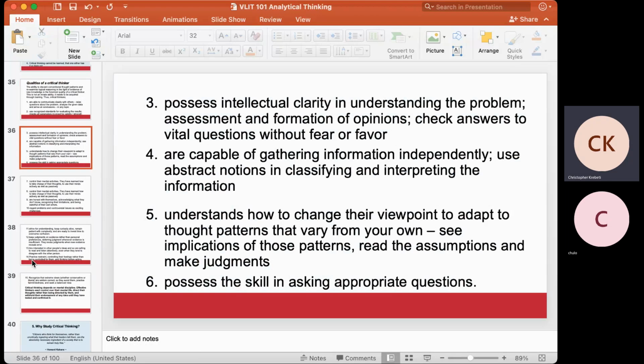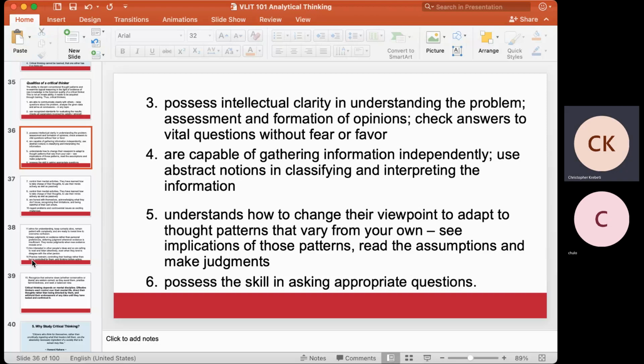You can change your viewpoint and adopt that. But if you are wrong and you still stick to your wrong pattern of belief, then there's a problem. So a critical thinker can change his or her viewpoint to adopt a thought pattern or thought patterns that vary from their own.